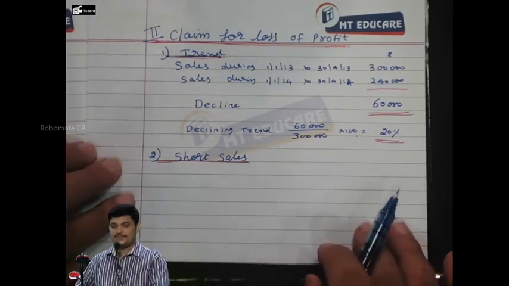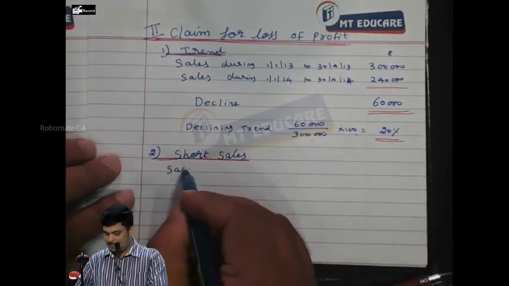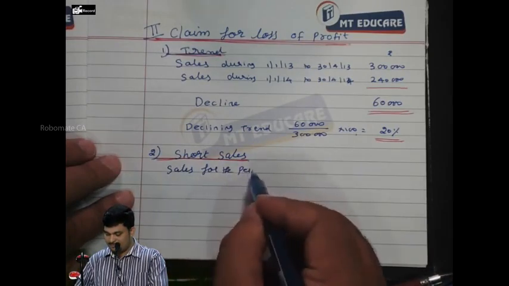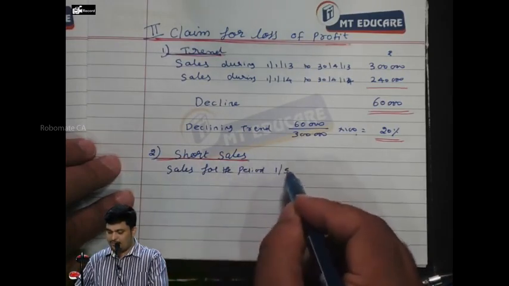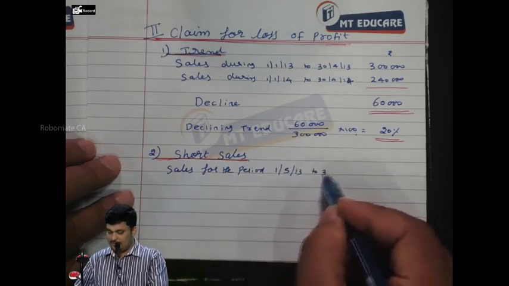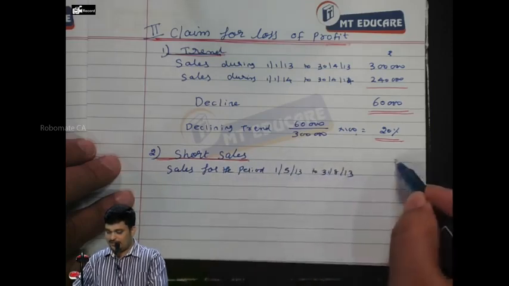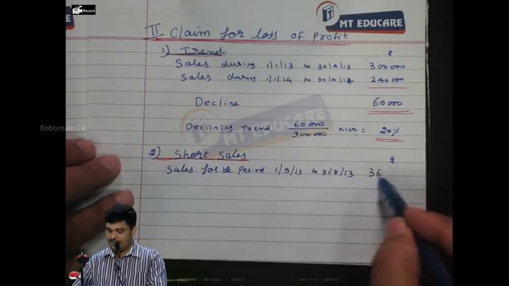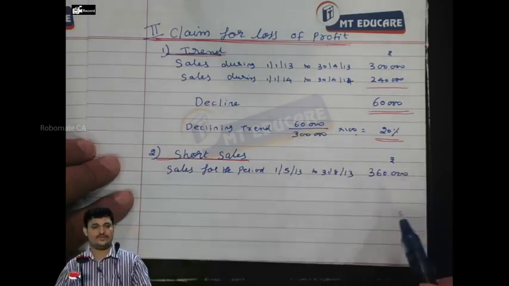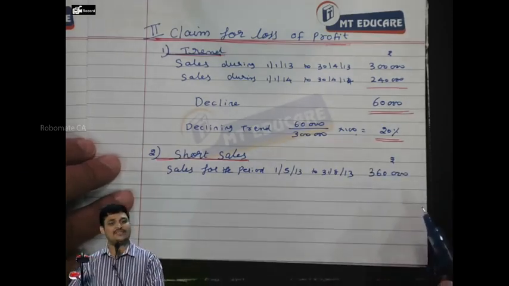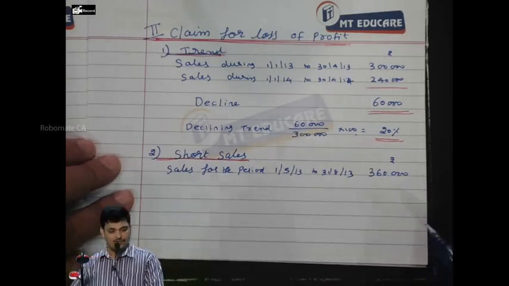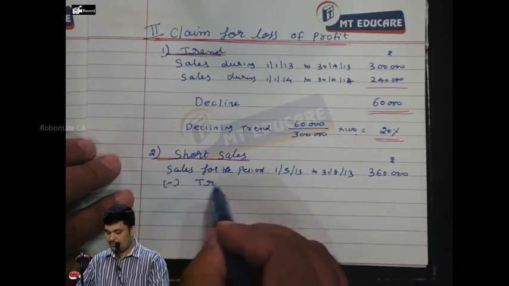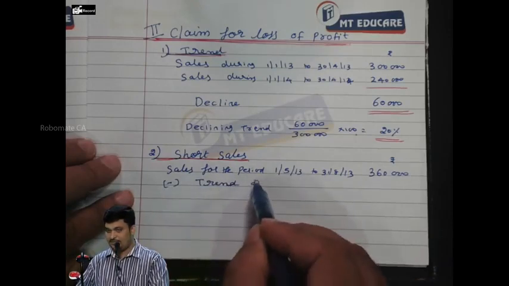Short sales. Sales for the period 1/5/2013 to 31/8/2013. How much? 3,60,000. Do I expect the same sales in the current year? No. So thereby minus the trend, the declining trend.